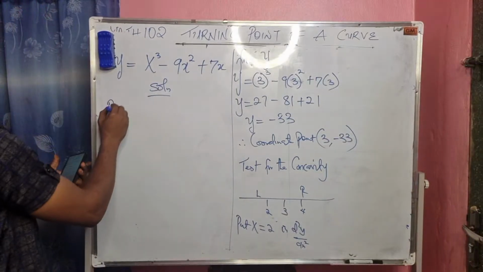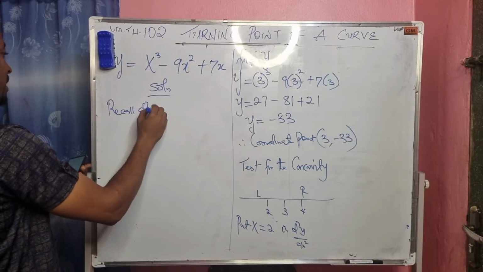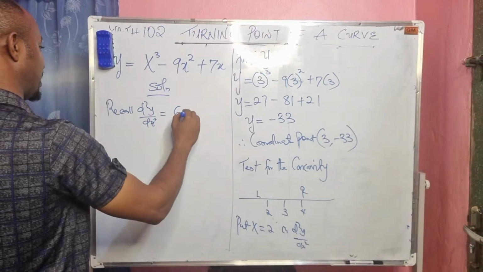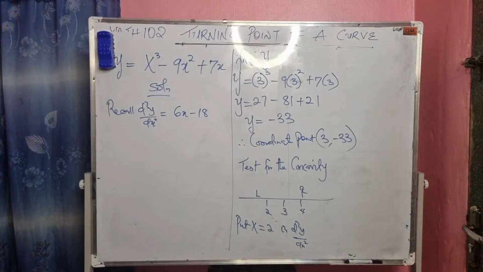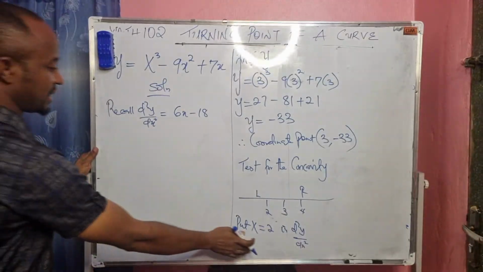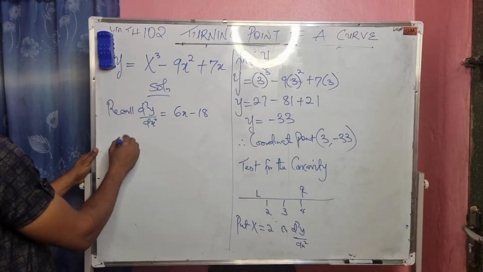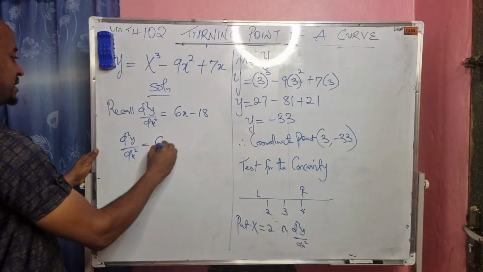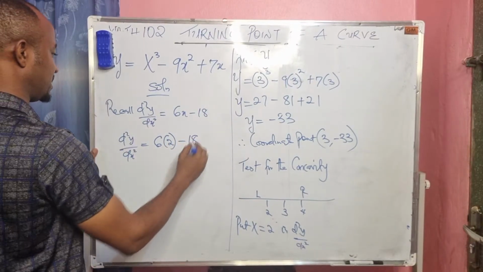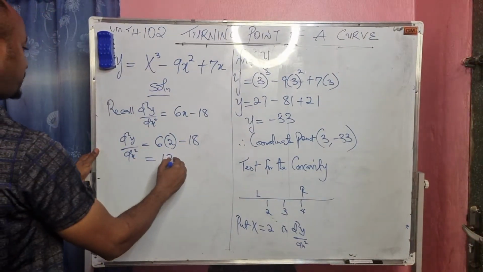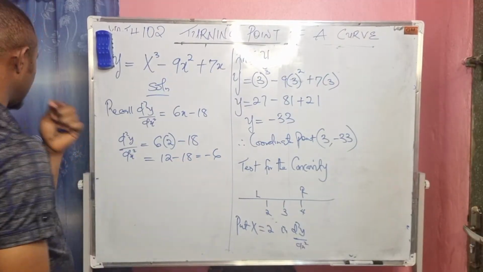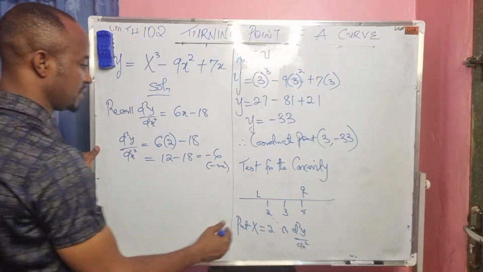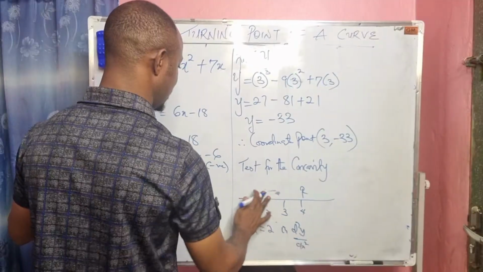Recall that d2y over dx squared is 6x minus 18, right? So when we put x as 2, that will give us d2y over dx squared equals 6 times 2 minus 18. This gives us 12 minus 18. The answer is minus 6, right? And this is negative. So the left hand side is negative.